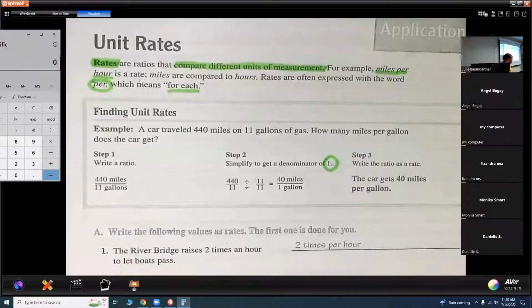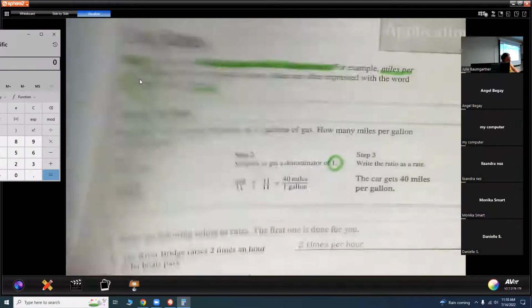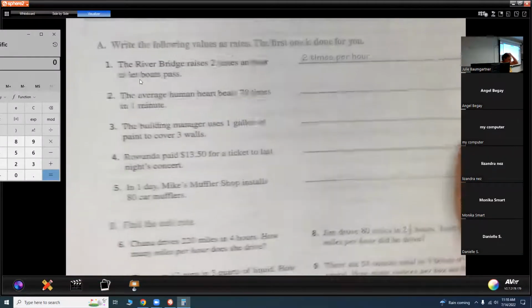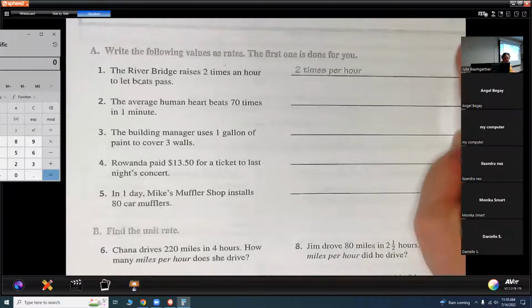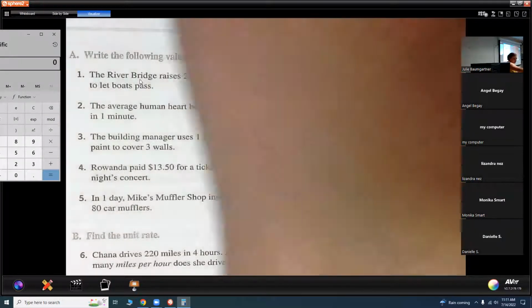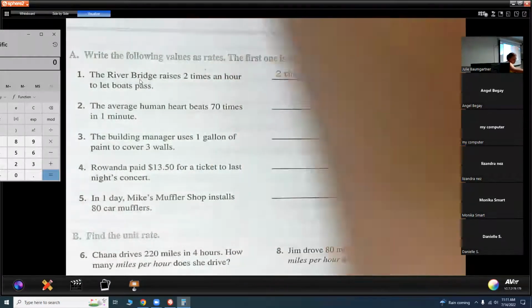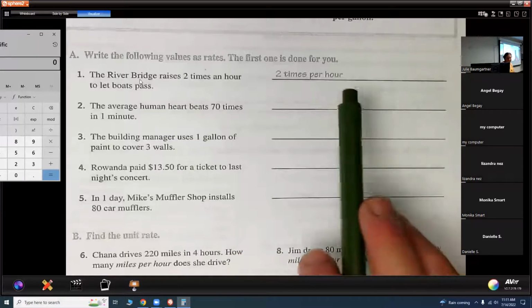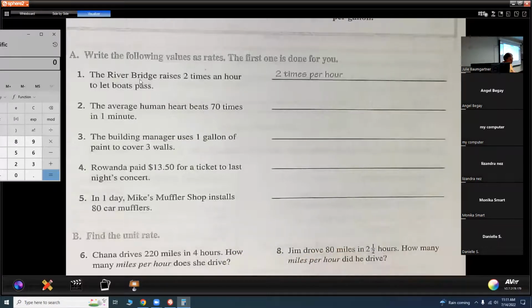All right, so go ahead and work on part A. If you want to move on to part B, you can, but let's just warm up first with part A. Or let's just do part A together. The river bridge raises 2 times an hour, which means the rate is 2 times an hour. The average heartbeat is 70 times a minute.